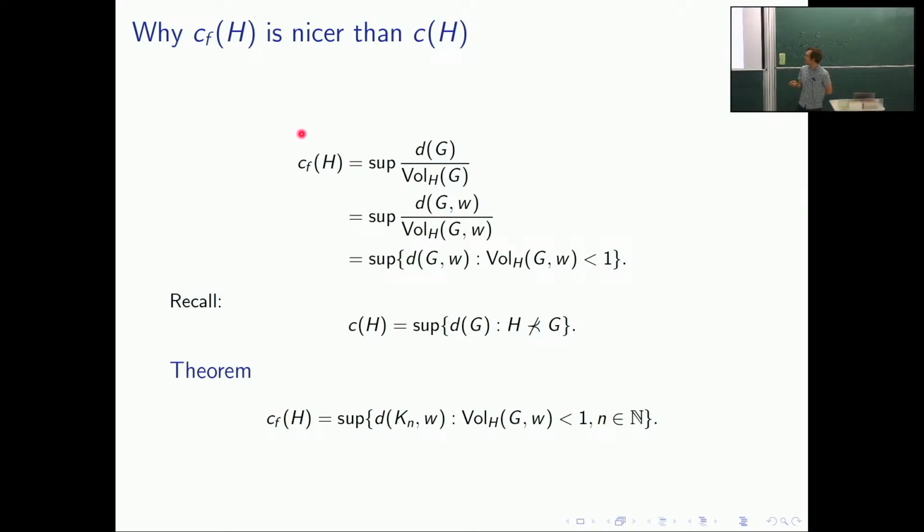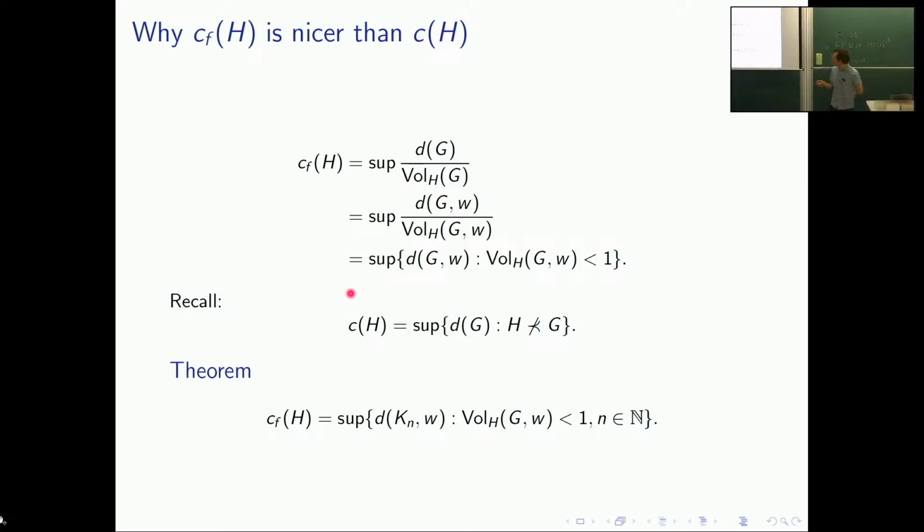If you scale the weight function, it will also linearly scale the H volume of the graph. Both the density and the H volume of any graph are linear in this weight function. That's why we are allowed to go from this step here to this step here.